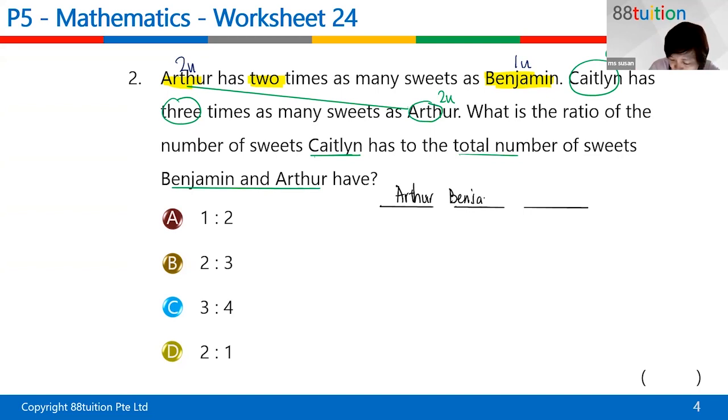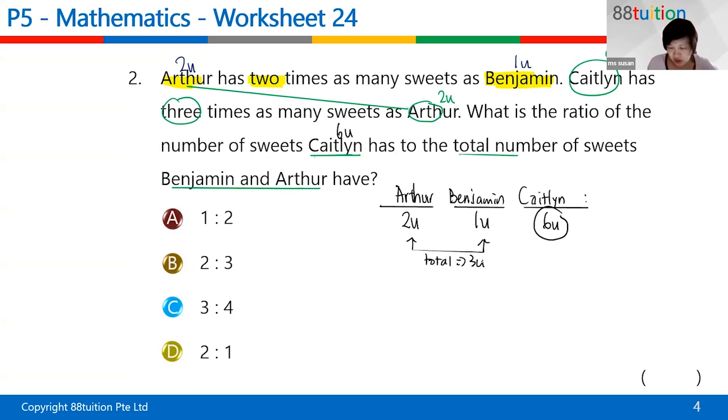And we have Ben, Benjamin, and Kathleen. Okay, so we put Arthur has 2 units. Benjamin will have 1 unit. Kathleen will have 3 times, that will be 6 units. And the ratio of C is 6u to the total number of A plus B. So A plus B, and this total will give you 3 units, right?